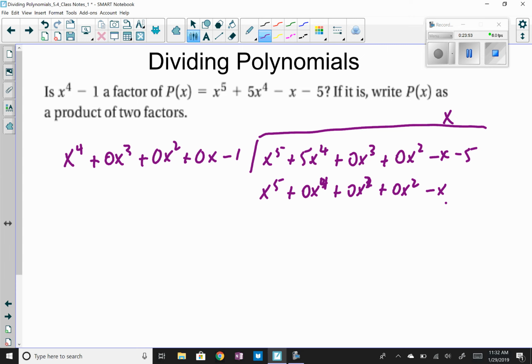Yes, minus x. Okay, change signs. All right, so that's going to give us a remainder of 5x to the 4th plus 0x cubed, 0x squared, minus 0x.